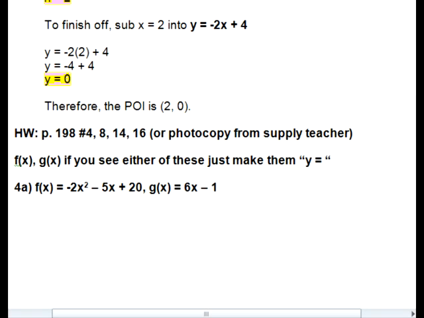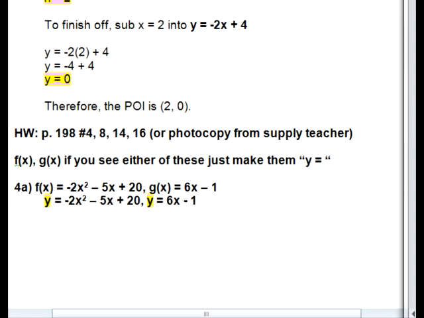You're just going to rewrite them as y equals negative 2x squared minus 5x plus 20, and y equals 6x minus 1. So what I just did there is I replaced f of x and g of x with y. Number 4, 8 and 16 are all like that. So just ignore f of x and g of x and just rewrite them as y.